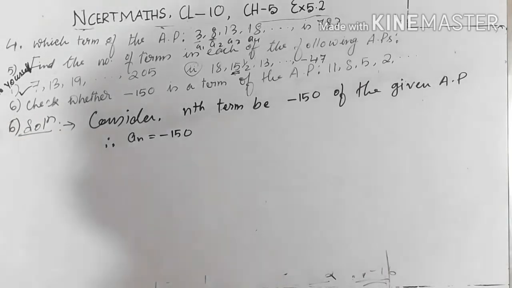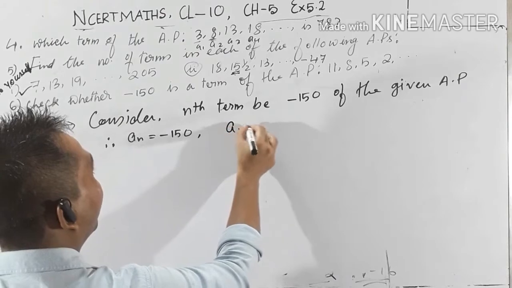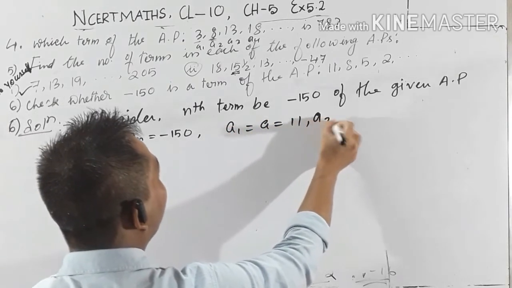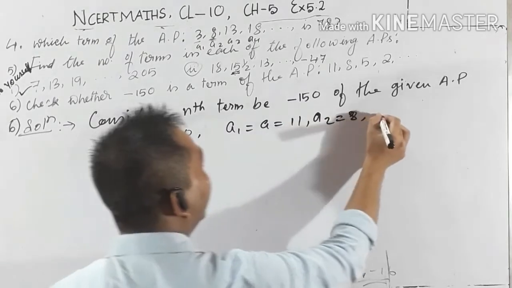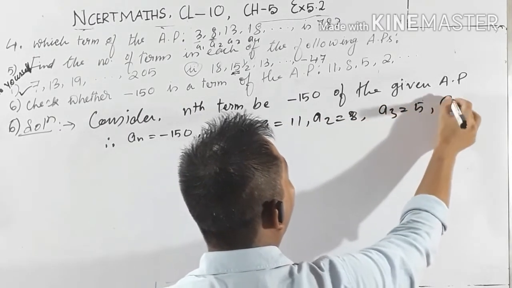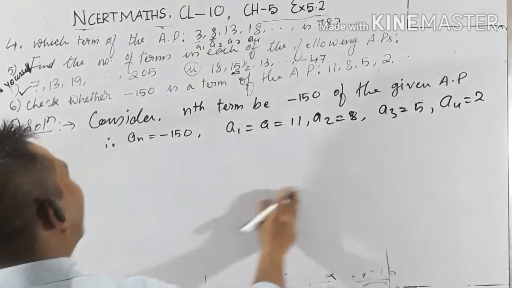Then what you can write? The first term will be 11, and then you write a1 equals a equals 11, and then a2 equals 8, and then a3 equals 5, and then a4 equals 2. No need to write all these things. Okay, fine.